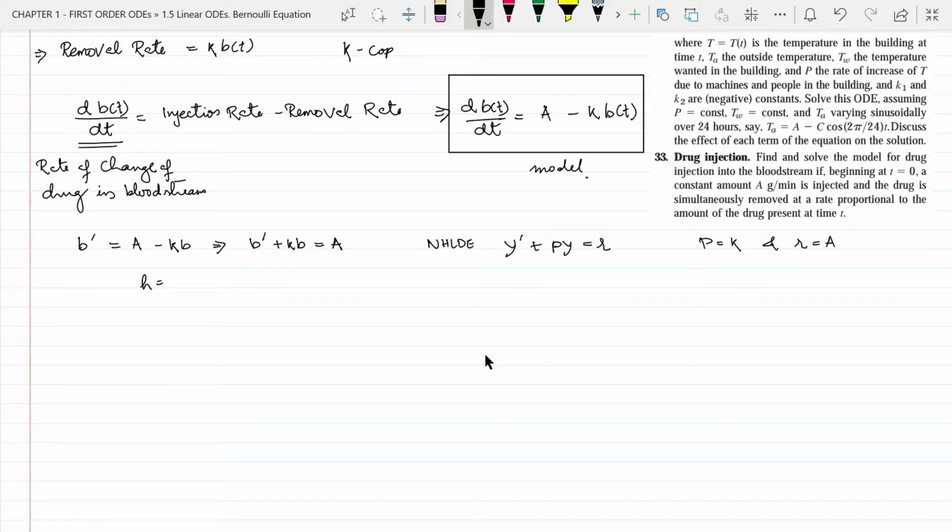So we have h equal to integration of p dt, because you can see here the independent variable is t, so we will write p dt. This is equal to integration of k dt, which is kt.